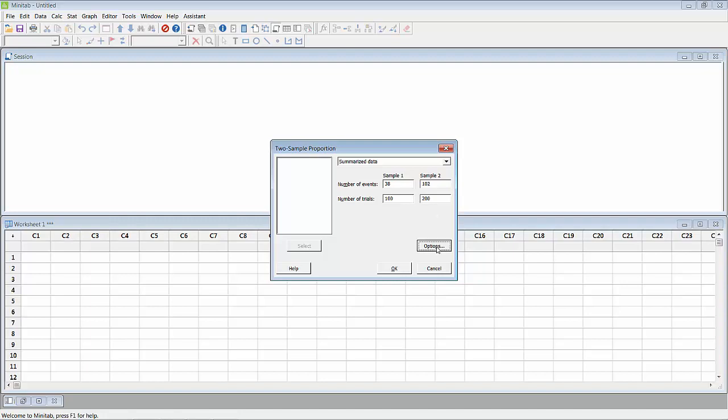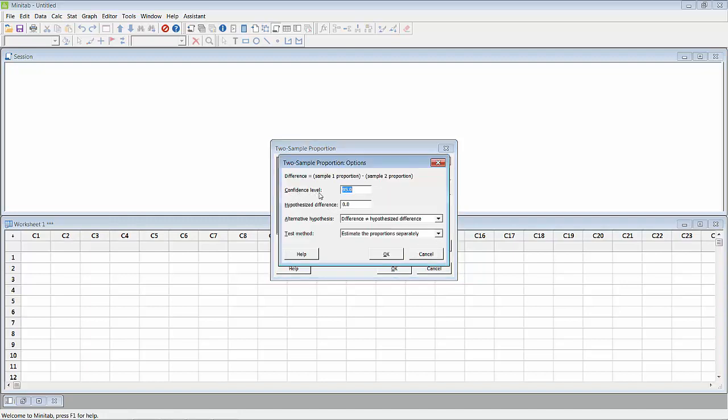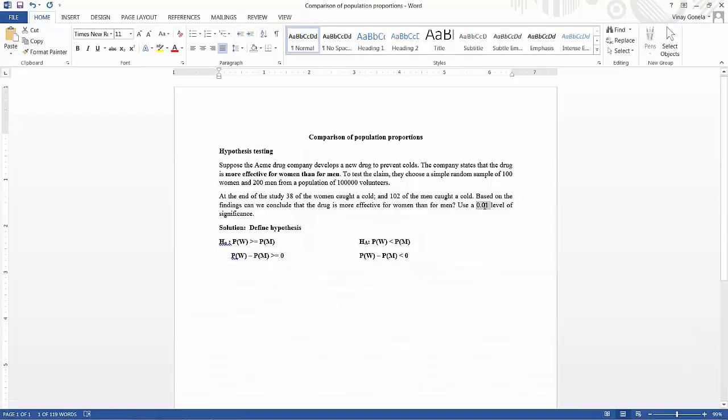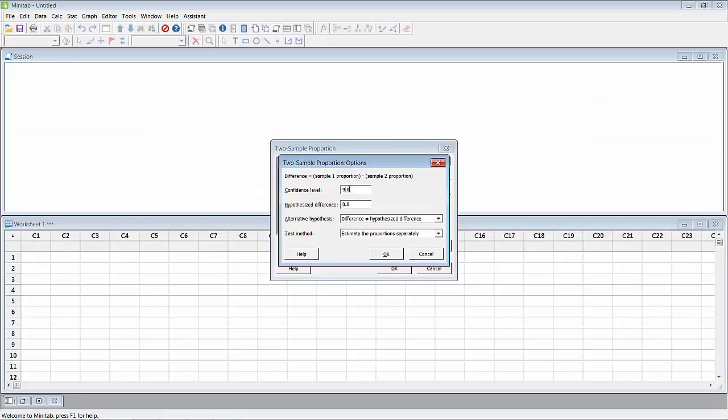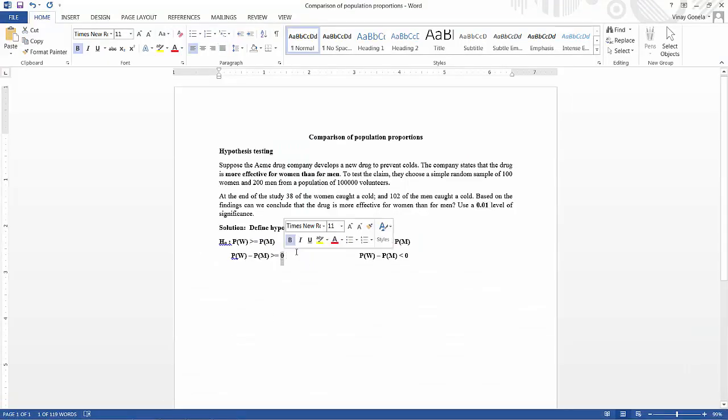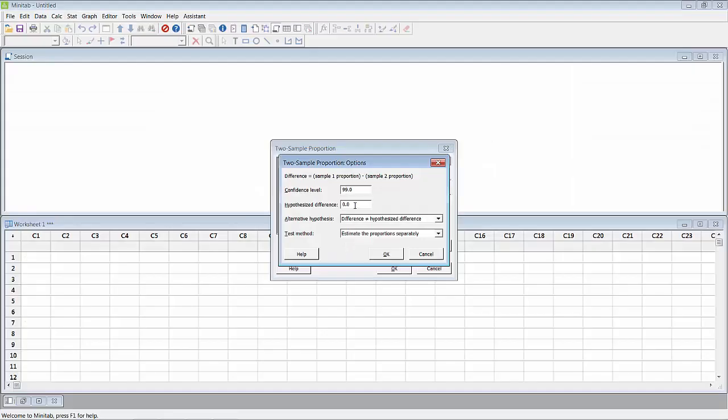Now we go to Options, and we have a confidence level. Our significance level is 0.01, so our confidence level would be 99. The hypothesized difference is 0, so we will leave it as 0. For the alternative hypothesis, you have 3 options: difference less than hypothesized difference, difference not equal to hypothesized difference, and difference greater than hypothesized difference.